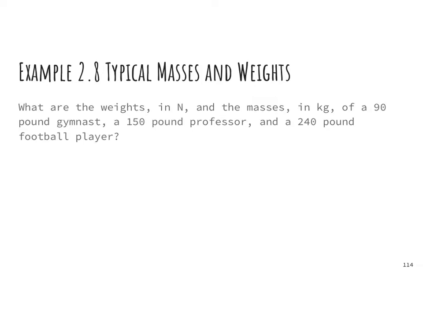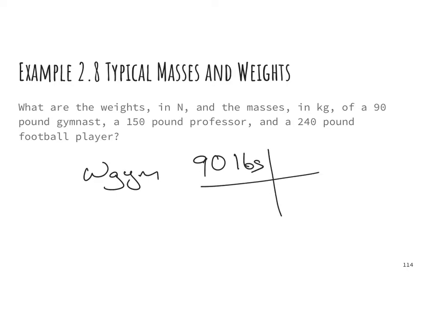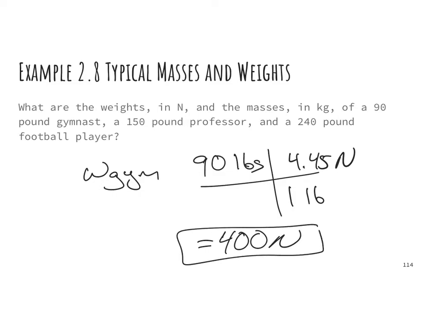If we're looking for the weight of the gymnast, well, it's 90 pounds. And if we're converting into newtons, 1 pound is 4.45 newtons from that conversion factor. Again, I'm not going to make you do this really ever, and that's 400 newtons. That's her weight in newtons.